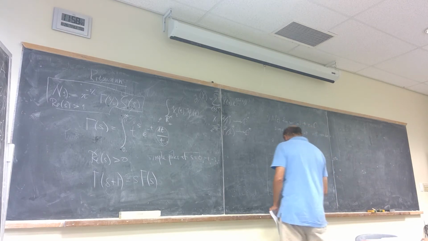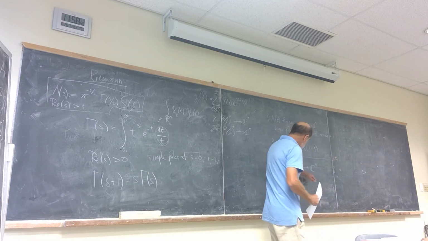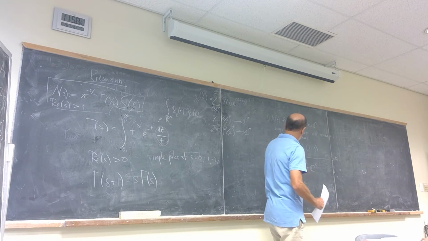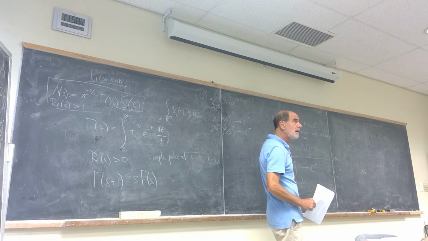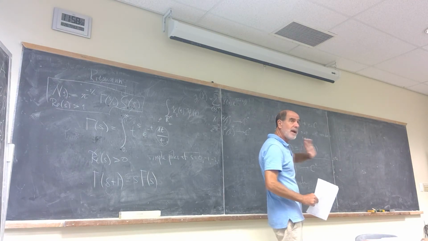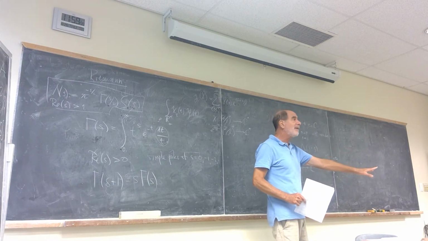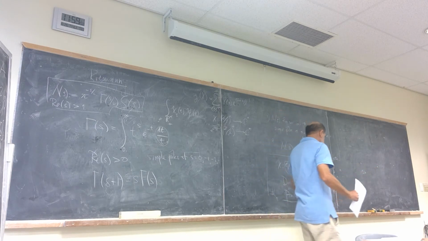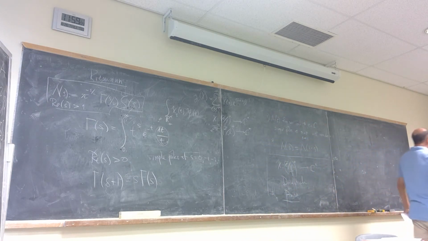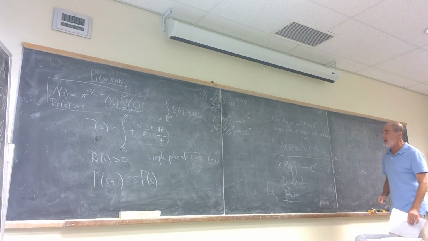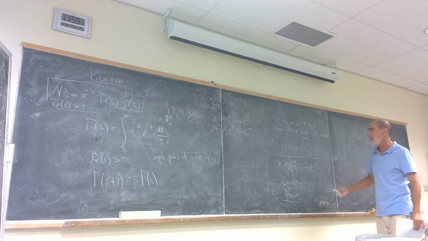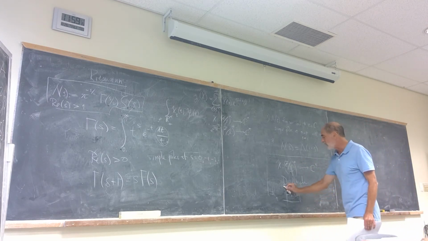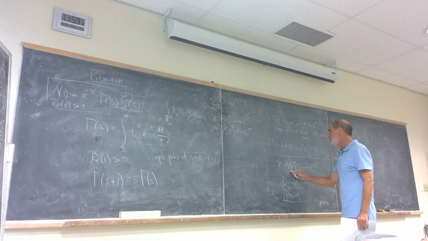So primitive means that it doesn't factor through any quotient of Z mod f star by some divisor of f. For example, it's not trivial. If f is prime, all the characters are primitive except the trivial character, right? But you might have a character of Z mod 8 star that factored through Z mod 4 star, or a character of Z mod l squared that was really just coming from the map to Z mod l, and then a character of that. So you want the character to be primitive so that f is really the first integer for which it's defined.